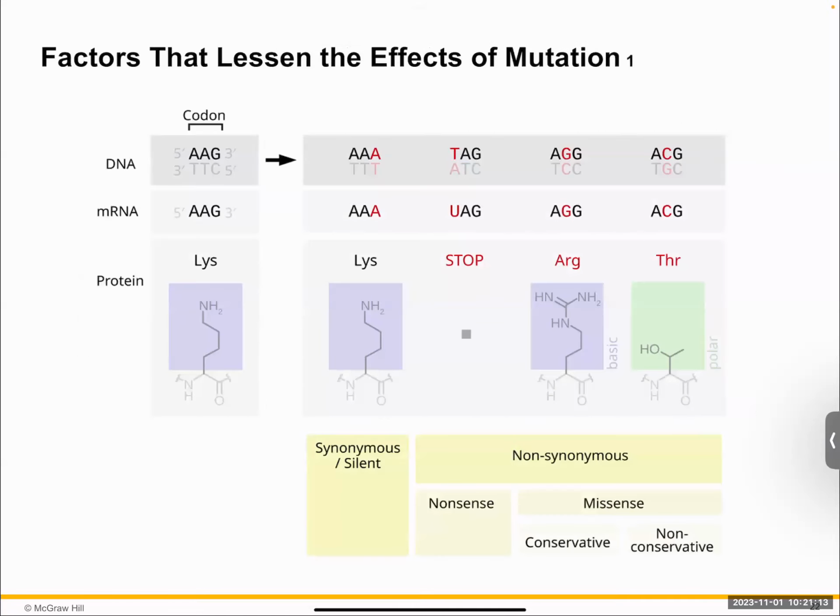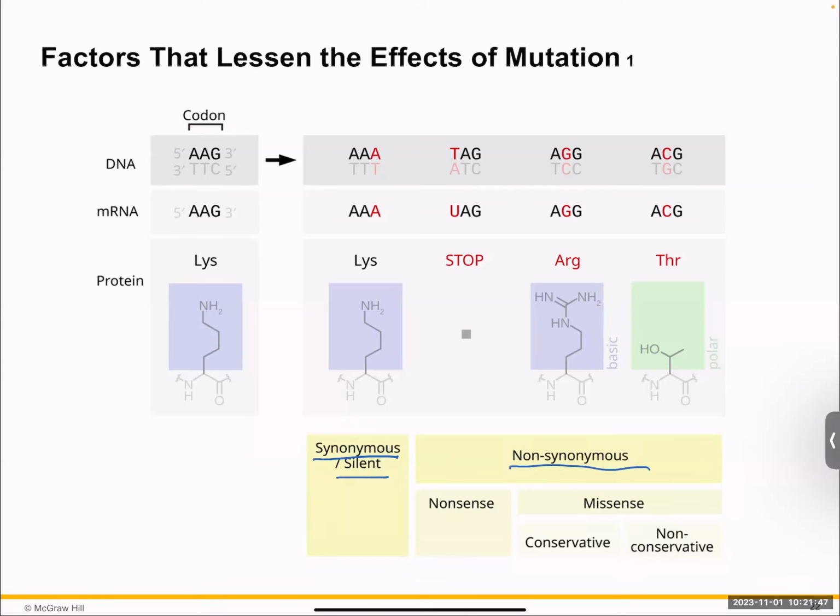I believe I have a picture of this. So we're going to look at some of the vocabulary here. Now, notice here, there is some vocabulary that we're going to hear. Synonymous or silent simply means that there is a change, but that change is silent, as in nothing can be noted about the amino acid that would have originally been made versus the one that is made through this process of mutation.